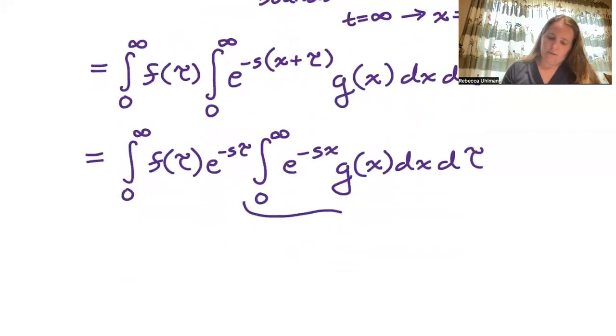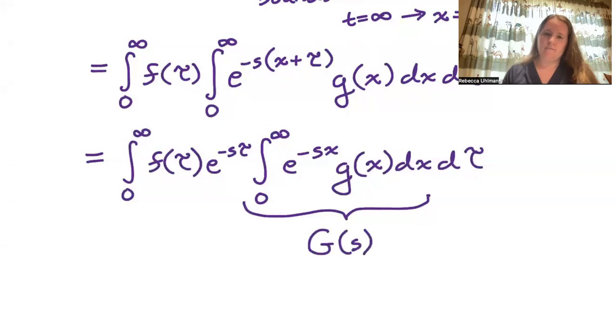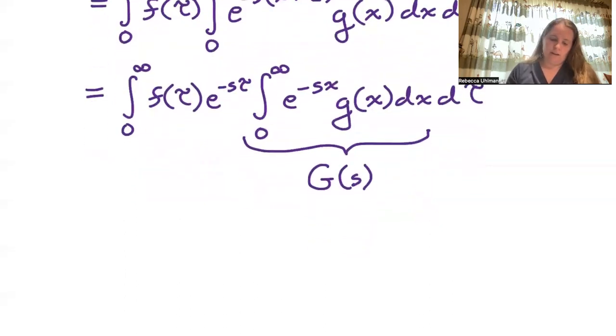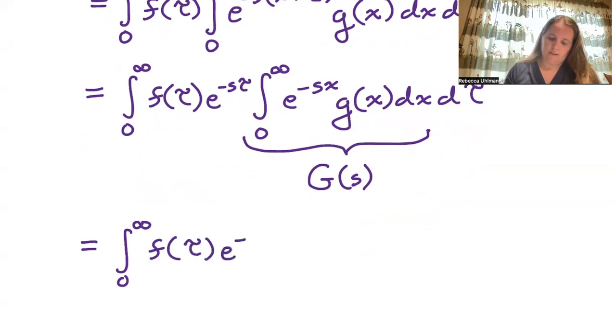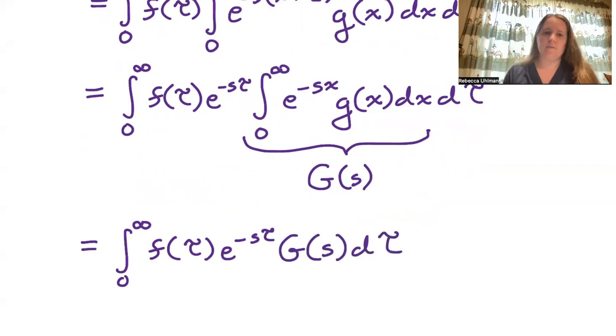This definite integral from 0 to infinity of e to the negative sx g of x dx, that is precisely the Laplace transform of g of x. So this would be just capital G of s. So we are looking at the definite integral from 0 to infinity of f of tau times e to the negative s tau times capital G of s d tau.